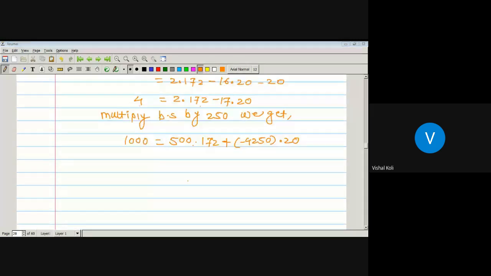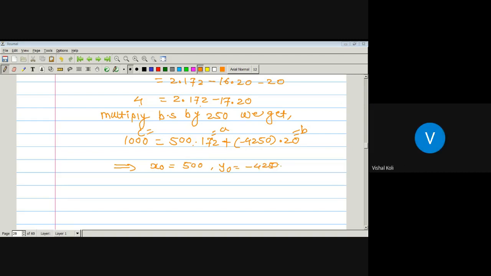So here 1000 is nothing but 500 into 172, where this will be A, plus minus of 4250 into B. So which implies C can be expressed in the form of ax0 plus by0. So what is the value of x0 here? Which is 500, and y0 is nothing but minus of 4250.